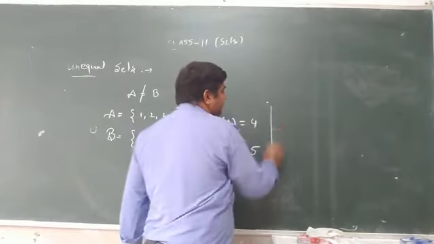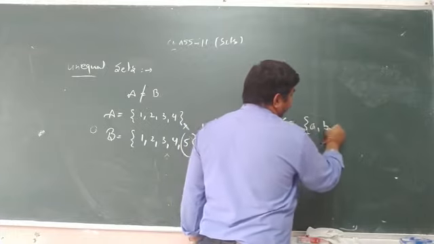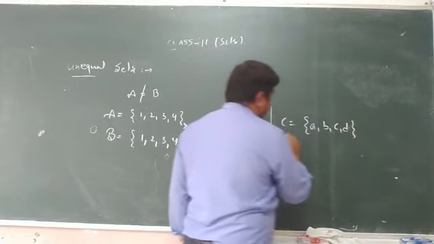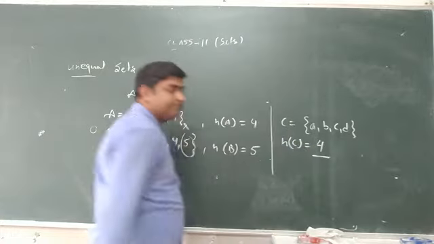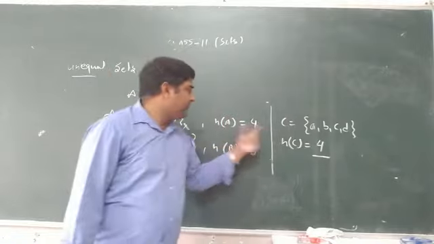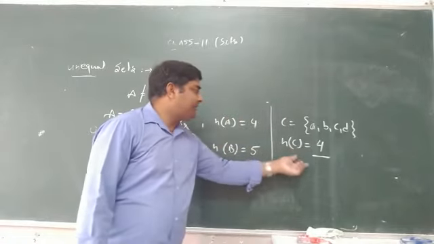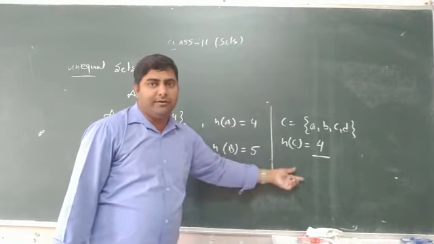Similarly, if we consider another set C whose members are a, b, c, d, the cardinal number of set C is 4. You can see here A and C both have the same cardinal number, 4 and 4, but they are unequal. Why?